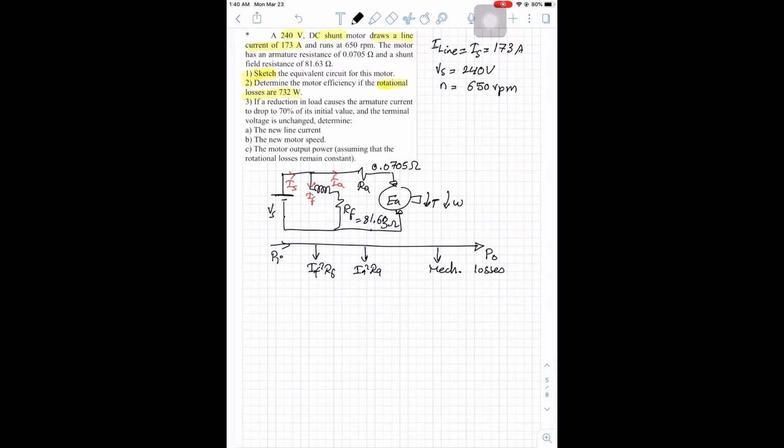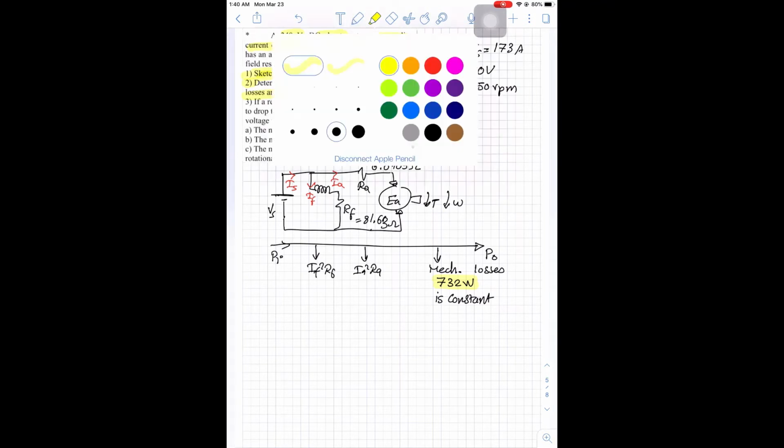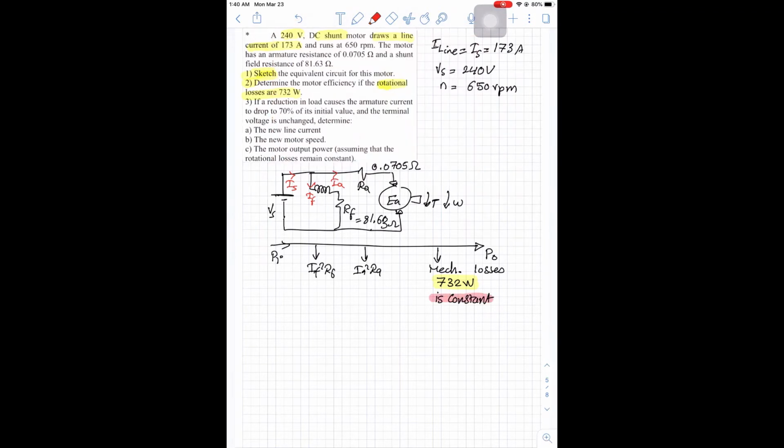The mechanical losses are given as 732 watts, and this value will be constant. Whatever mechanical losses are given will be constant for the whole question.